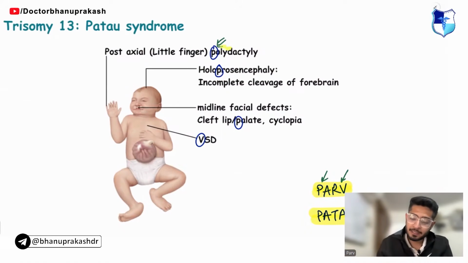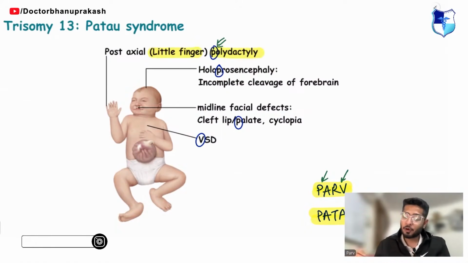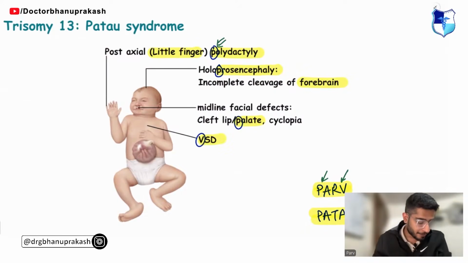And holoprosencephaly, so the forebrain is going to be incomplete. P for prosencephaly. Then again P for palate, so cleft lip, cleft palate. And then V for VSD. So this is how you have to remember.